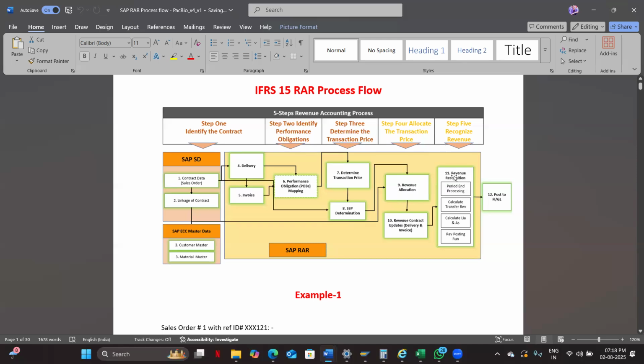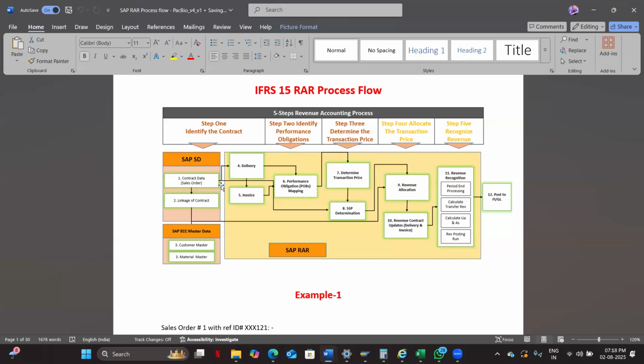After the O2C cycle runs, first we will do the sales order in SAP SD, then outbound, then post goods issue, then we send the product according to the customer requirement. After that, we send the customer invoice, here it is the fifth step invoice, right?